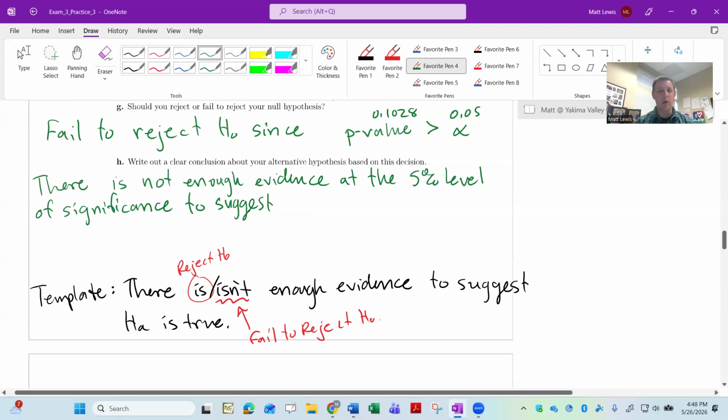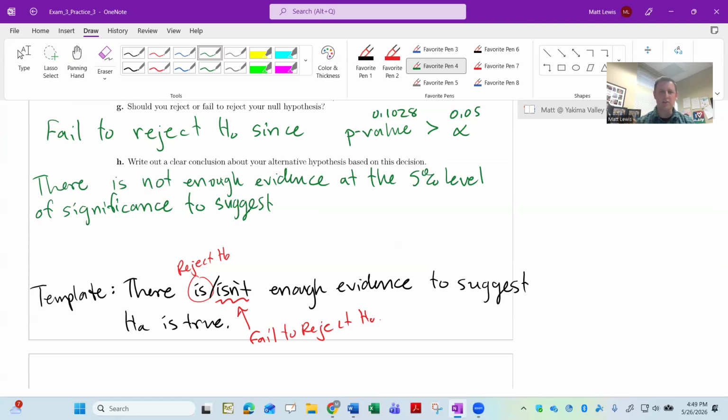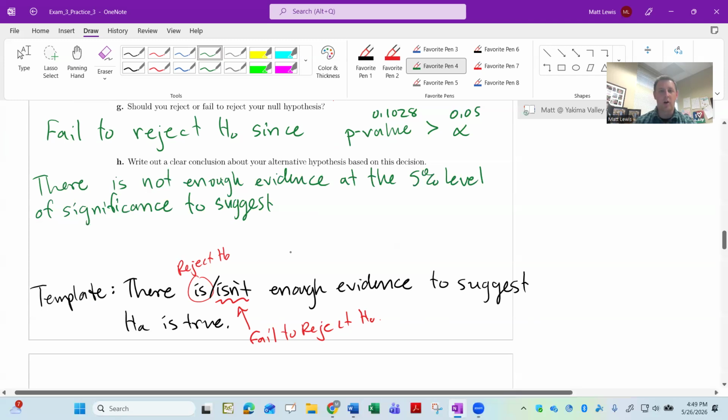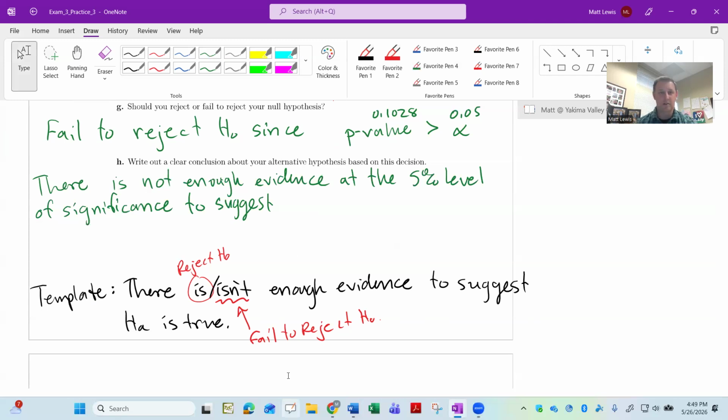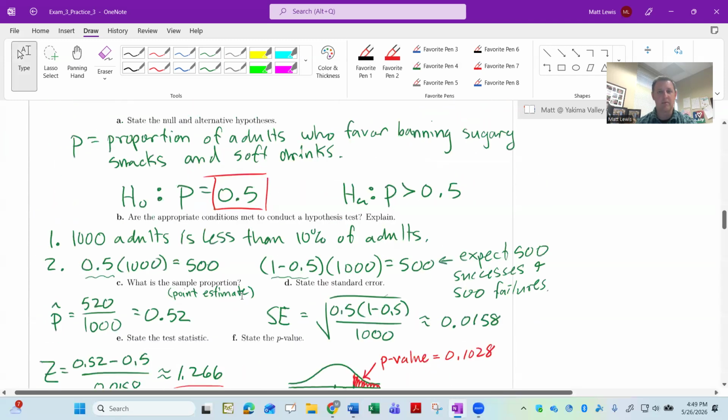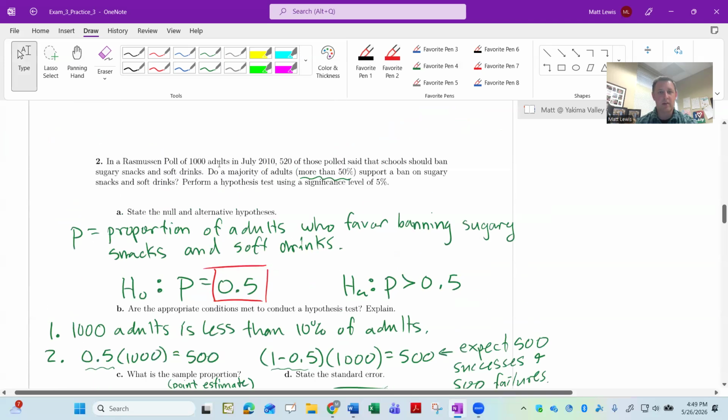We're going to put it in context. We're going to make it so that anyone reading this, regardless of if they've taken statistics or not, would understand our conclusion. So our alternative was, let's go back up here, you can always copy from yourself, that the majority of adults support a ban.